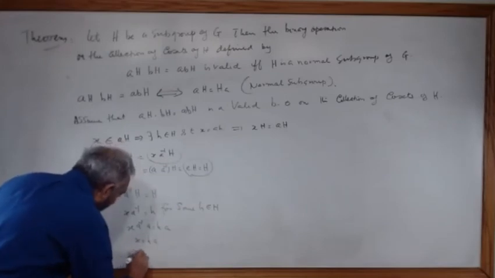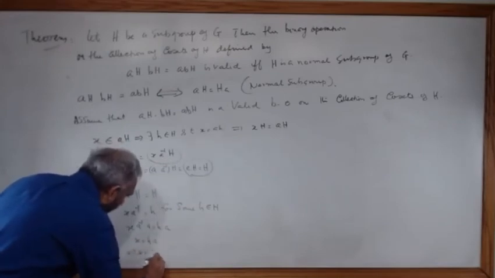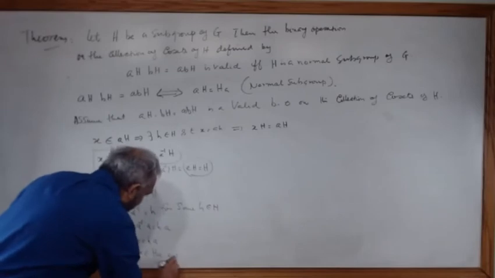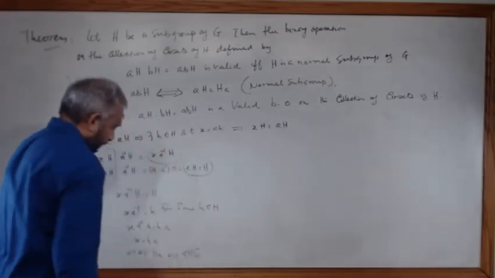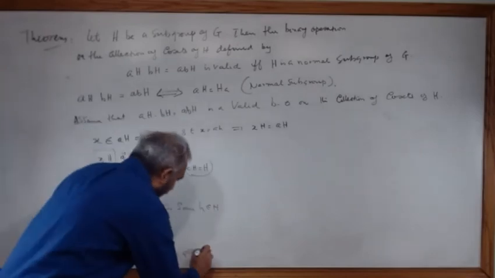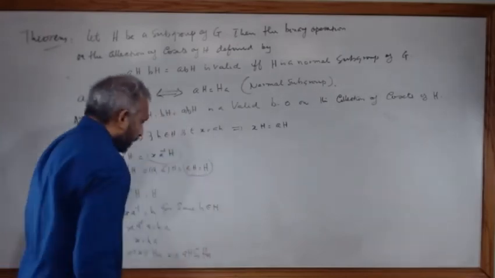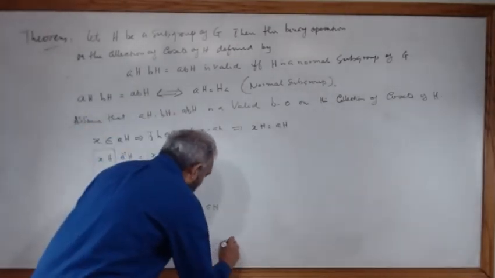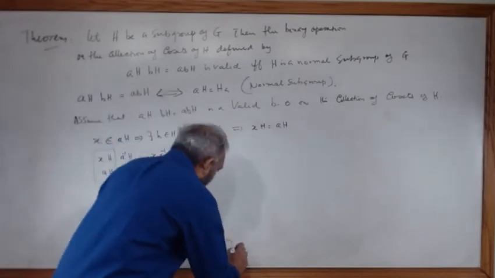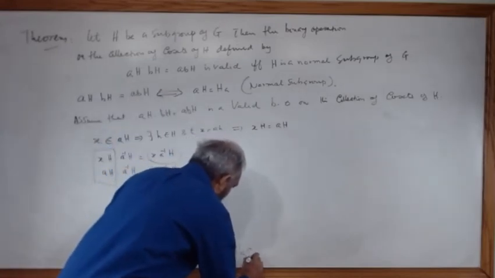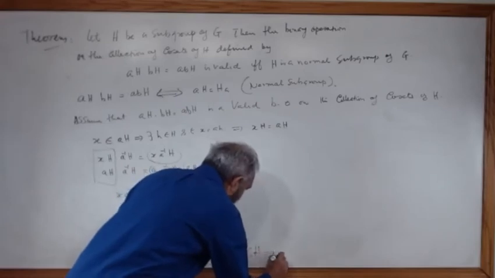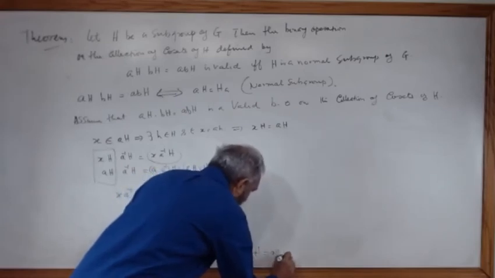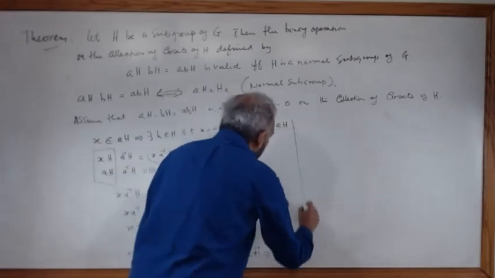And that implies X belongs to HA, and that implies AH is a subset of HA. And similarly, with the same argument, HA is a subset of AH, and that implies AH is equal to HA.